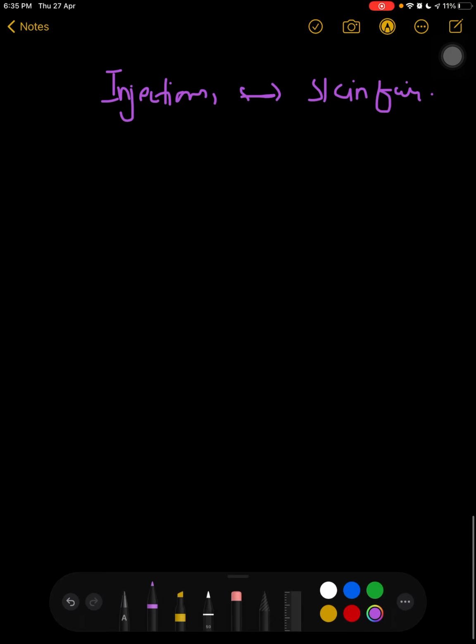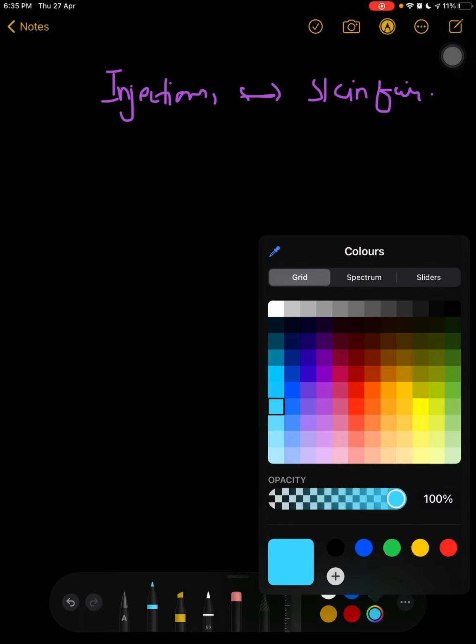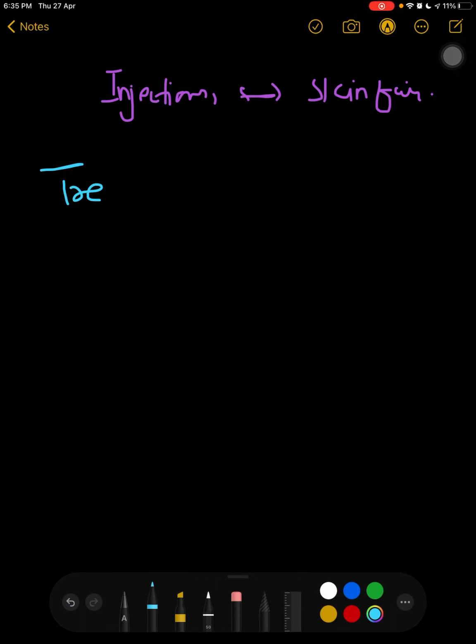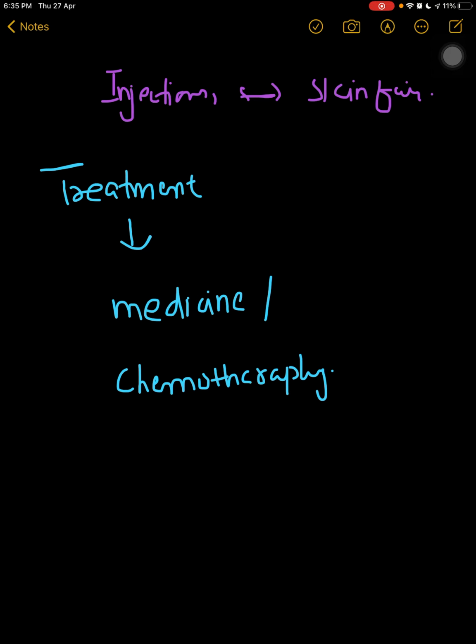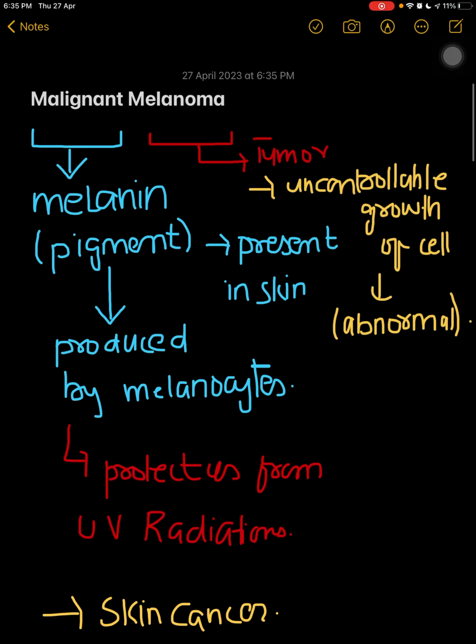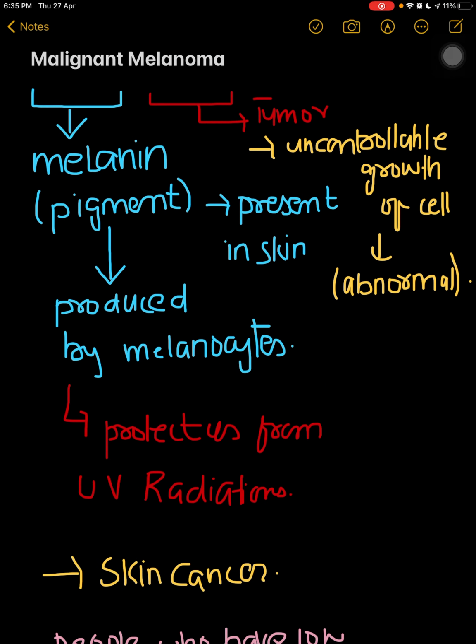If we talk about the treatment of malignant melanoma, the treatment can be medicine or chemotherapy, right? So I hope this is clear to you. If you have any kind of queries, you can ask me in the comment section.